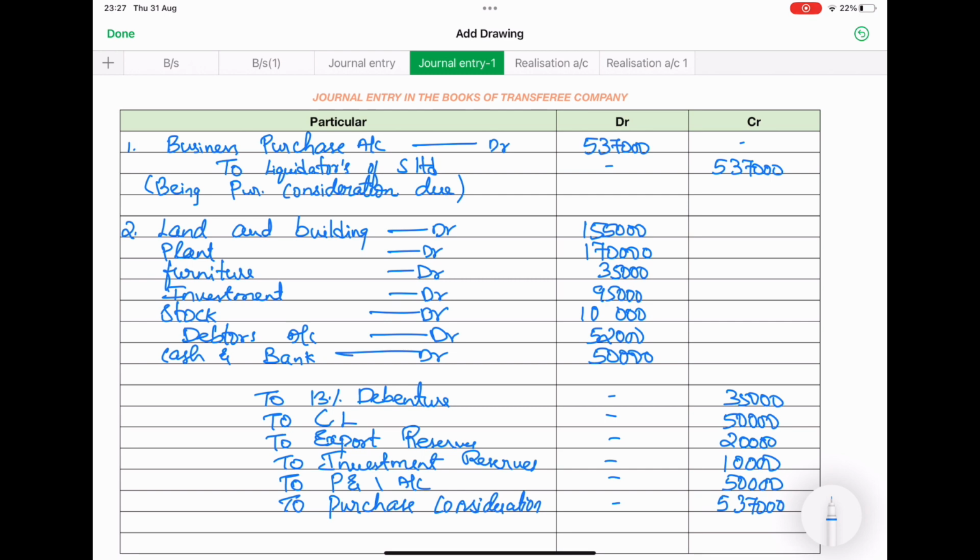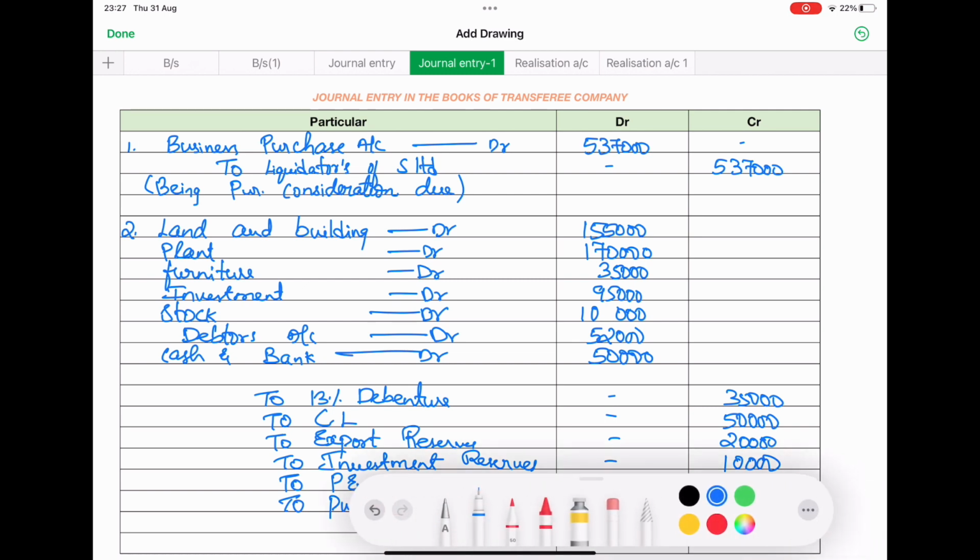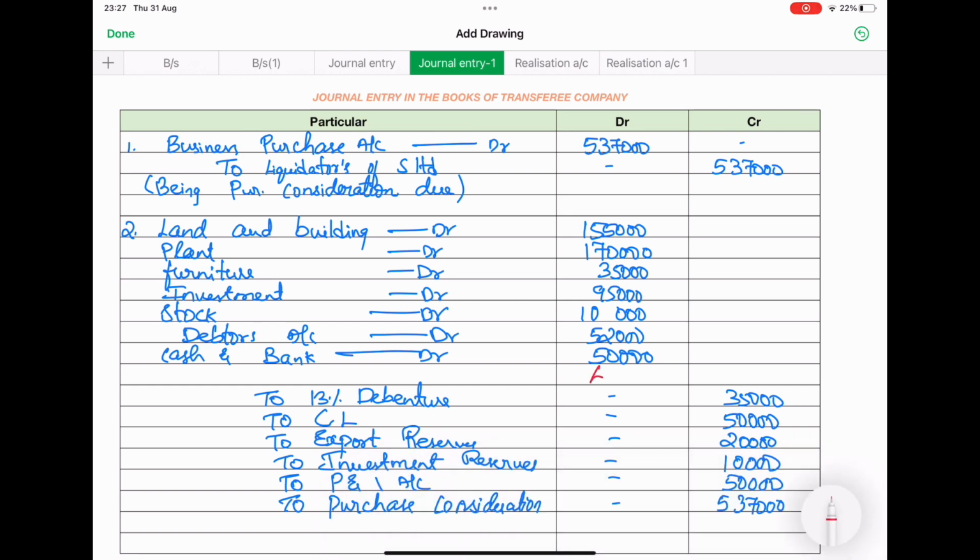6,42,000 something. Yes, 6,42,000. If you add debit side, so we have 1,55,000, 1,70,000, 35,000. So we are having more liabilities and assets are very less. So around we are getting balancing figure as 42,000.